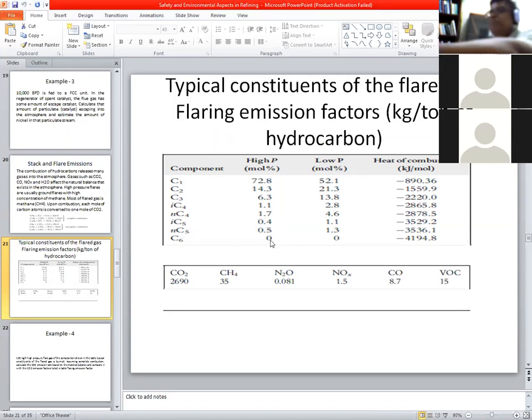For C6 there is no need, because it is 0. So you calculate first the total molecular weight of that gas.